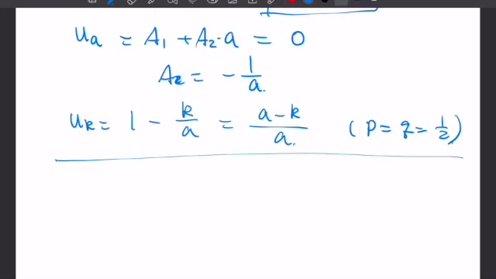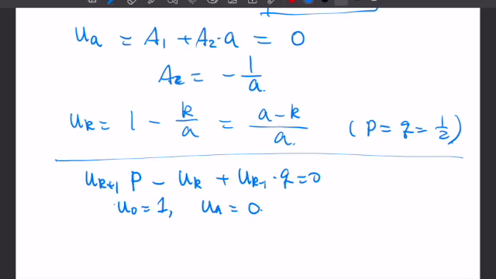So to summarize, we have the general solution of this difference equation given the boundary conditions as this: uk is equal to, what was it, s to the power of k minus s to the power of a over 1 minus s to the power of a.